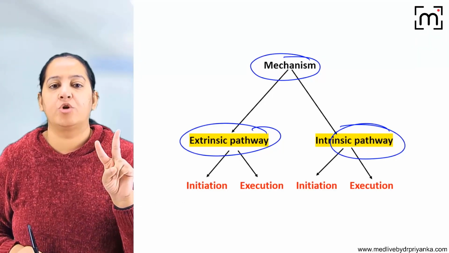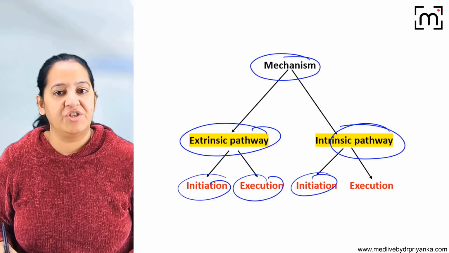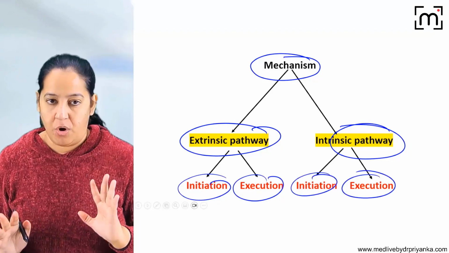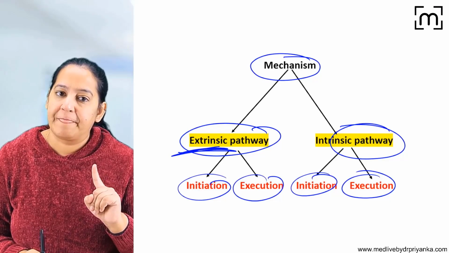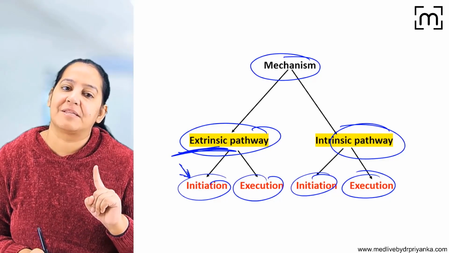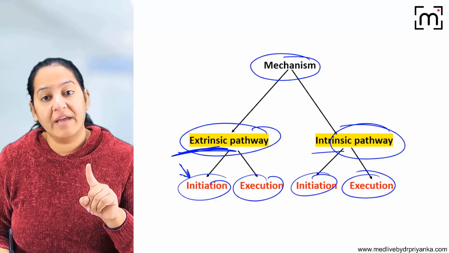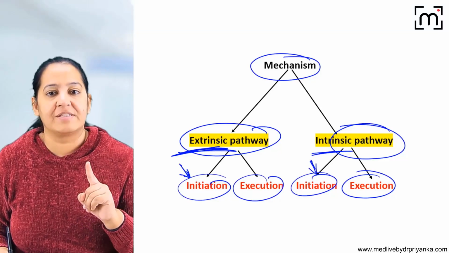Now in each pathway, there are two phases, initiation and execution. So I will teach you all. Now listen. First, I will start with the initiation phase of the extrinsic pathway. Then I will move on to the initiation of the intrinsic pathway.